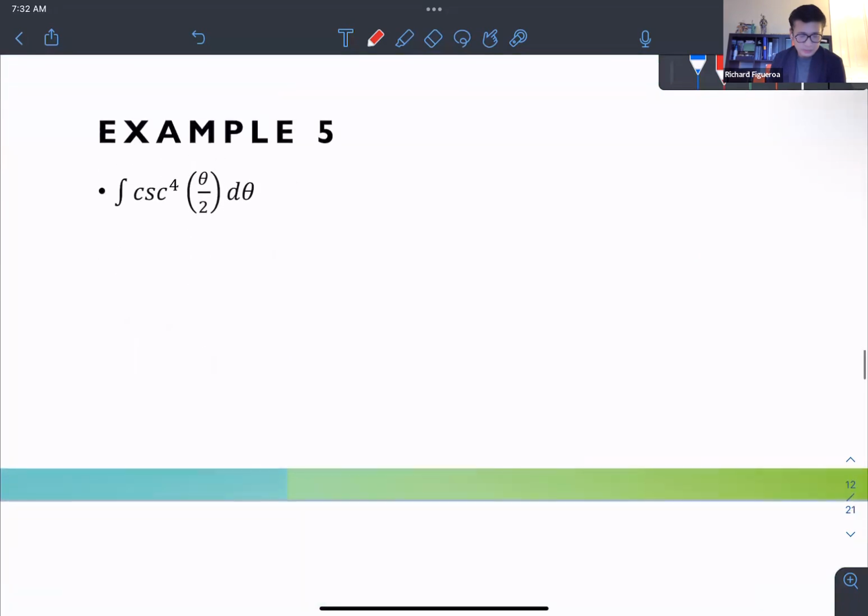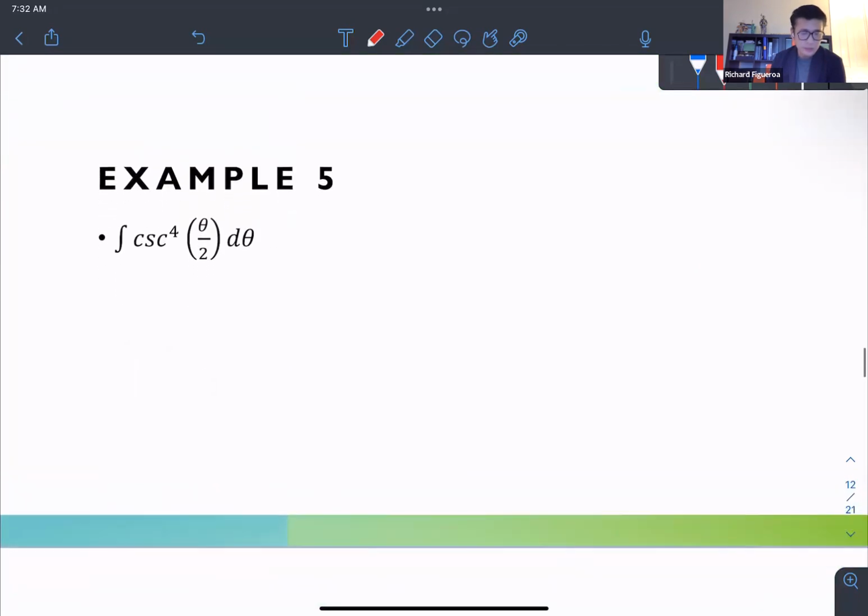Let's proceed. So what if I have cosecant to the fourth? So again, cosecant, and then it's even, so that is case 5. So for this one, we subtract 2 again.